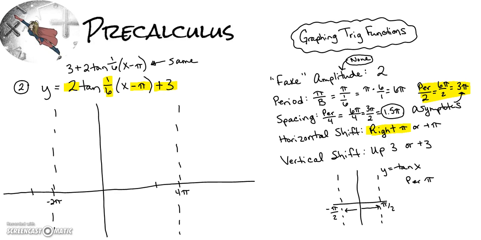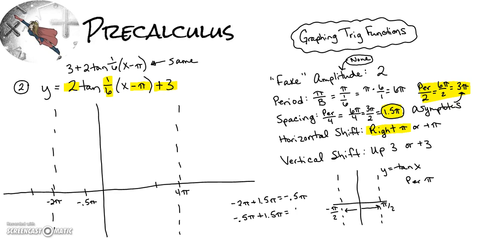Okay, now the whole reason for the spacing was to get the tick marks in between. The spacing we had written down as a decimal. It was 1.5 pi. So what I'm going to do, my very first number on this graph is negative 2 pi. So if I add 1.5 pi to that, that gets me negative 0.5 pi. That's going to be my next tick mark on the x-axis. Then I just continue adding 1.5 pi to get to the next tick mark.